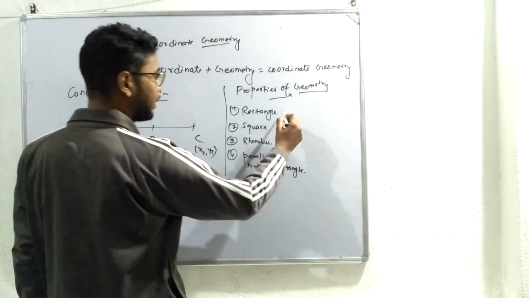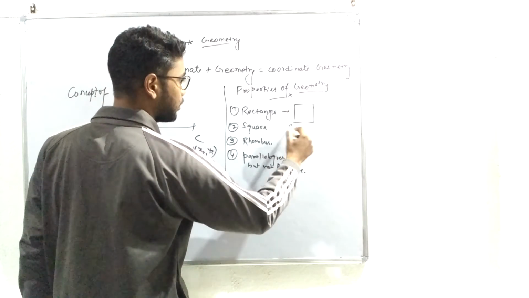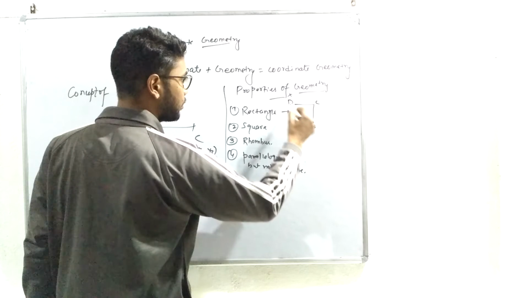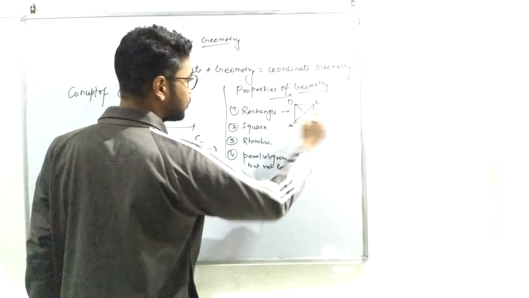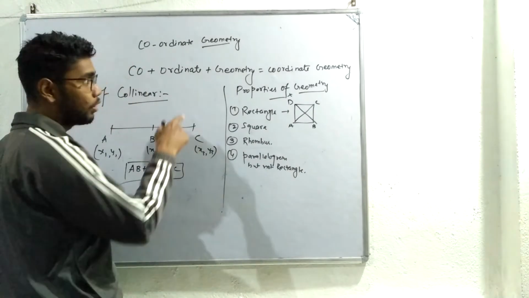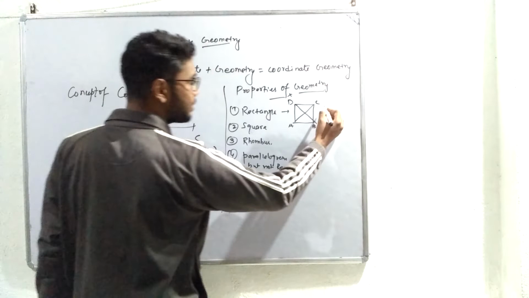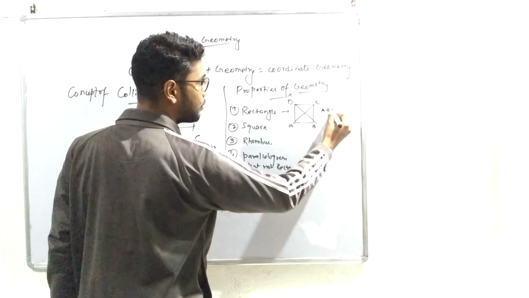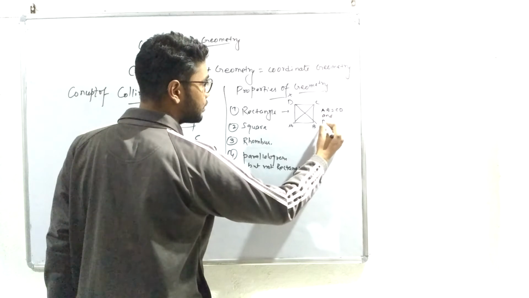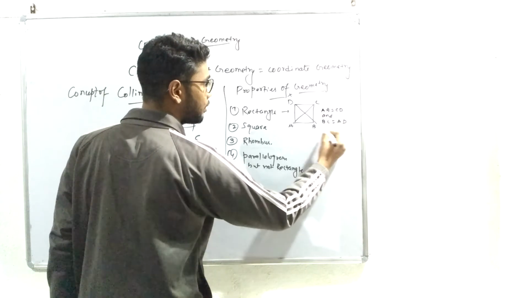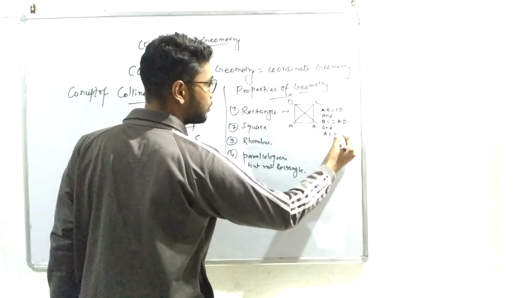For a rectangle, AC and BD are diagonals. The property of a rectangle in coordinate geometry is that the opposite sides are equal: AB is equal to CD and BC is equal to AD, and the diagonals AC is equal to BD.